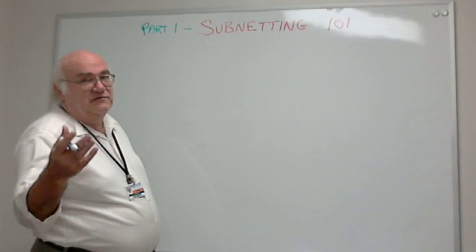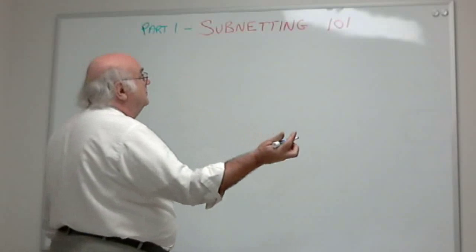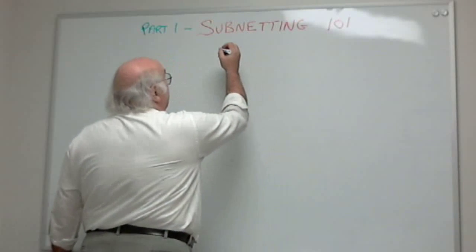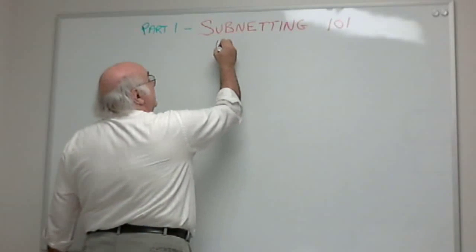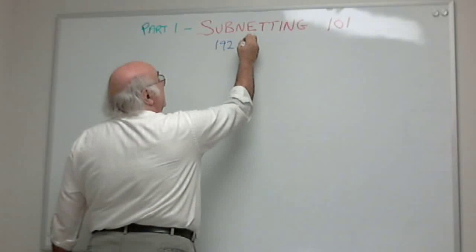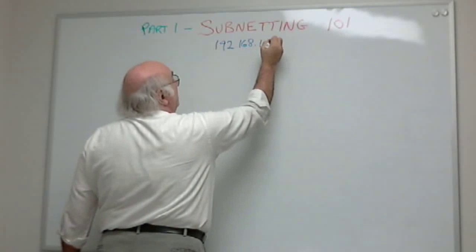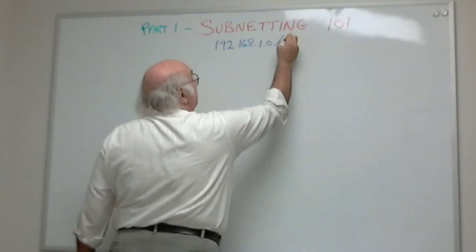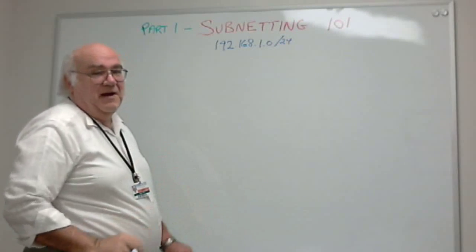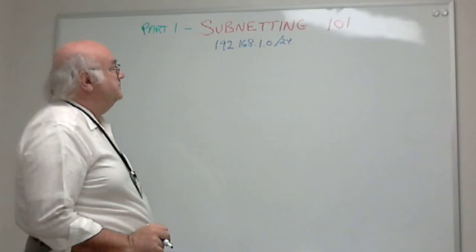Now, they're not going to give us a Class C address, but let's assume for the time being that we got address 192.168.1.0/24. That's my address that I got from my ISP.